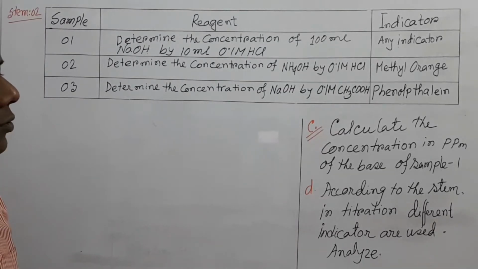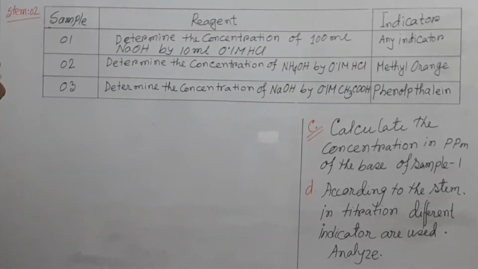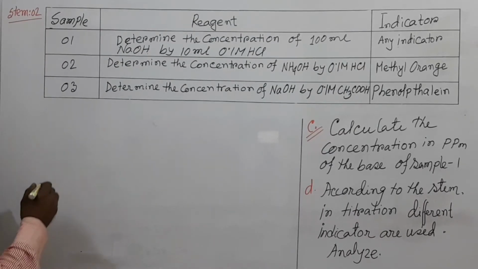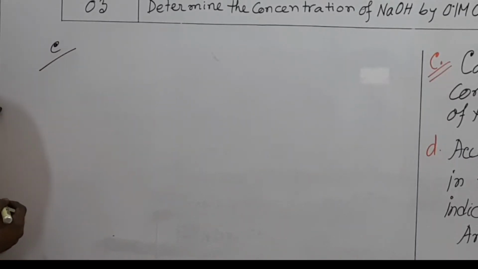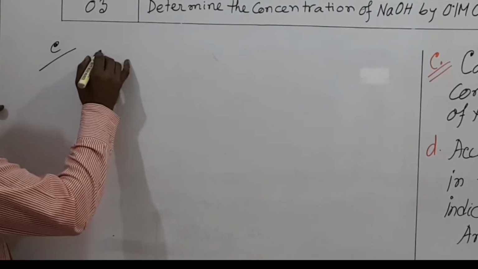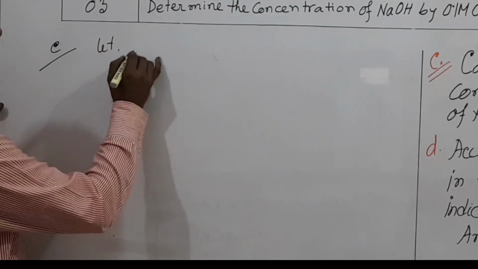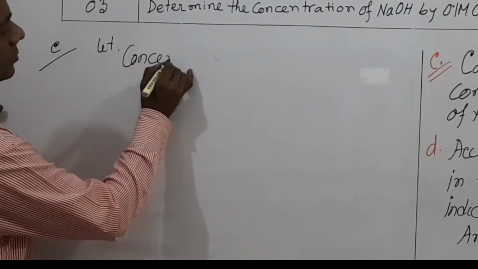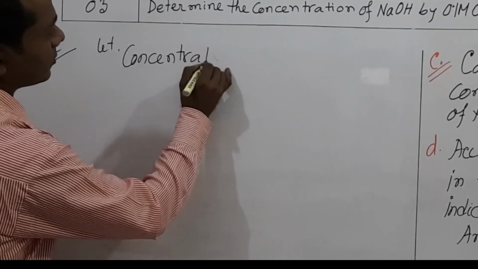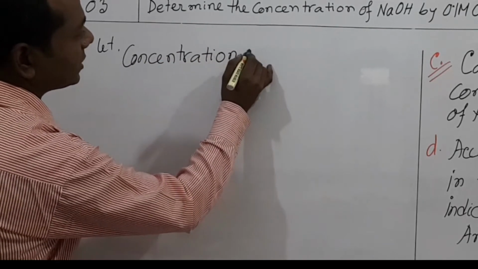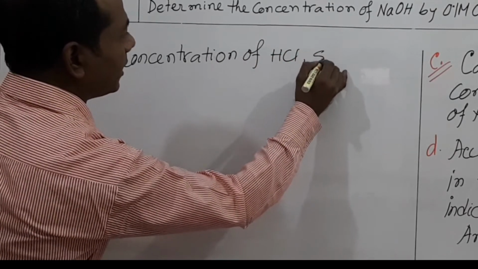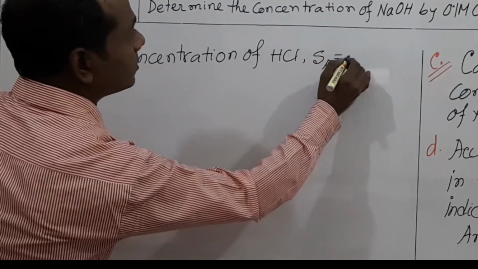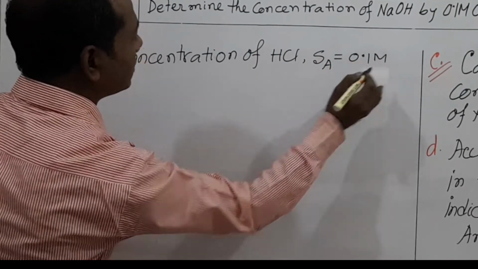Now we have to calculate the concentration of sodium hydroxide in ppm unit. My dear students, solution question number C. Here let concentration of HCl, that is SA, equal to 0.1 molar.